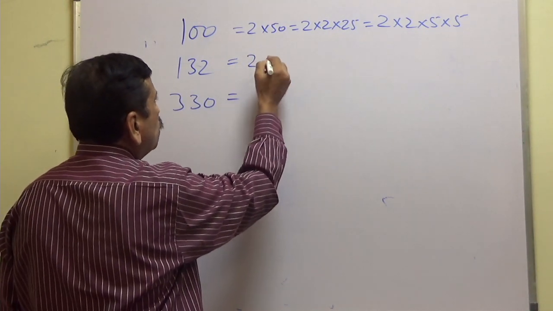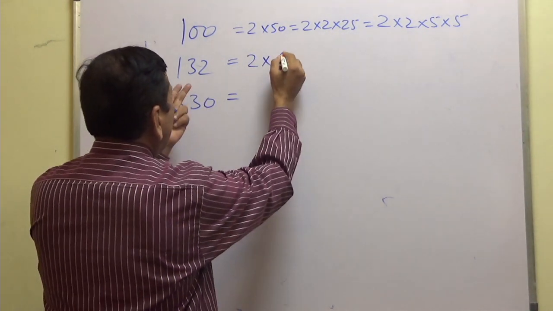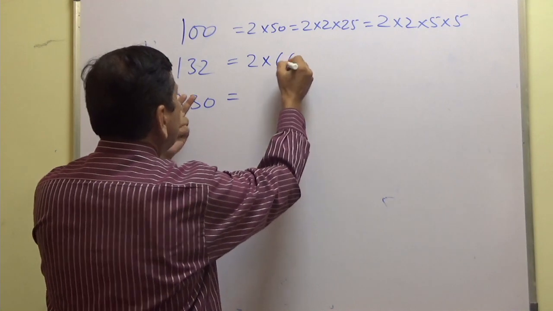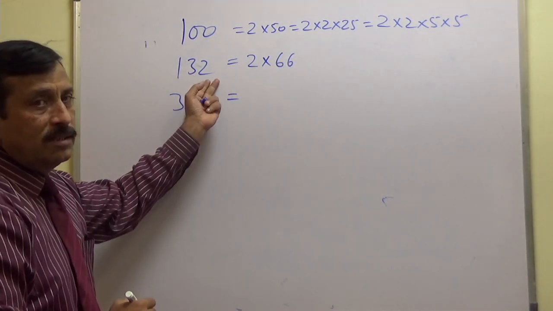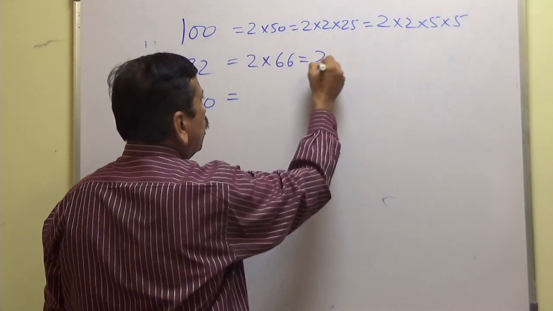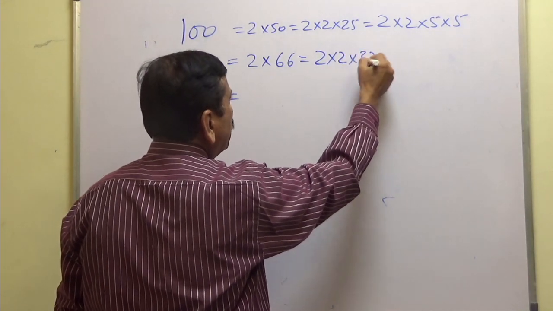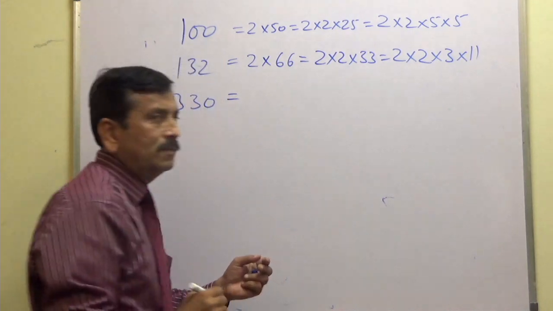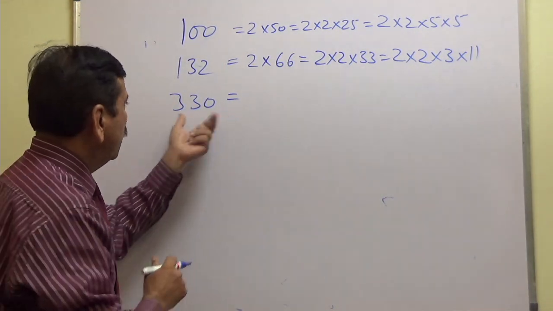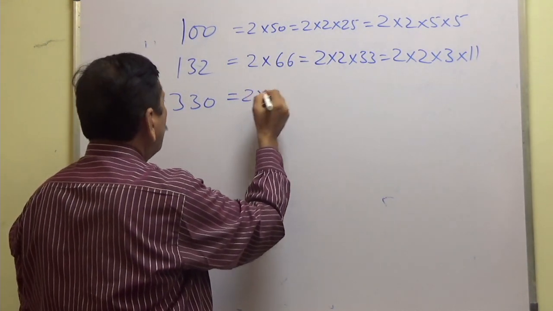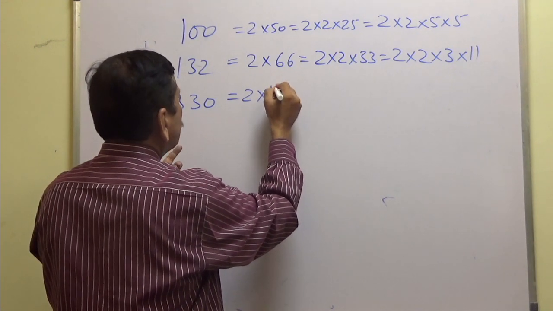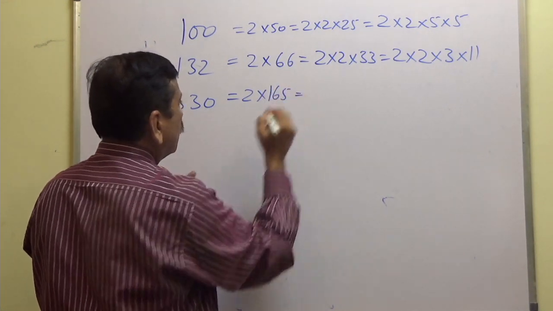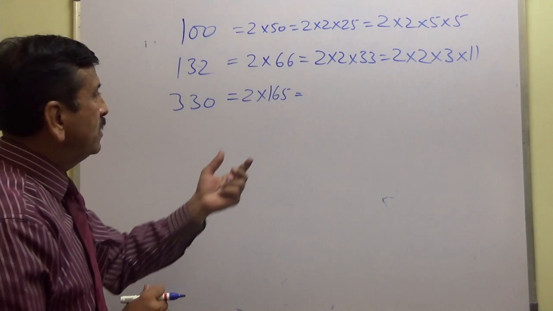132 is 2 into 66, so this will be 2 into 2 into 33, which is 2 into 2 into 3 into 11. So these will be the factors. For 330, it is 2 into 165.